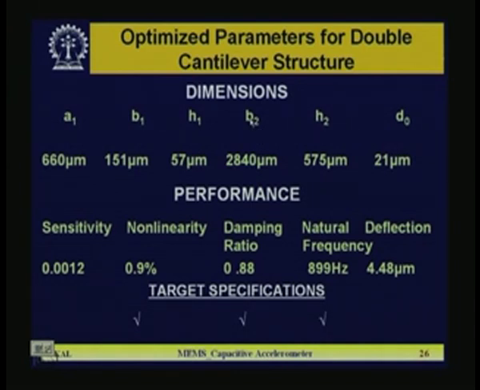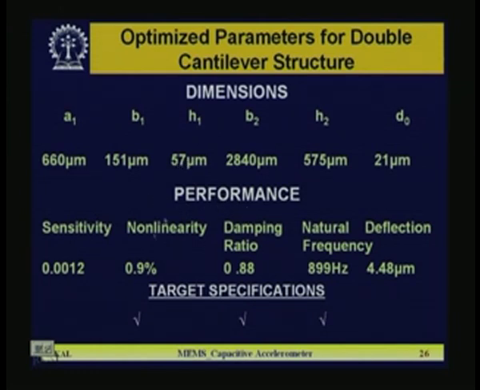B2 and A2 are the same because we are using a square structure, 2840, and H2 is 575 micrometer, that is the substrate thickness of the seismic mass, but the flexure is only 57 micron thickness. That has been etched by bulk micromachining, we restricted it to 57 micrometer.